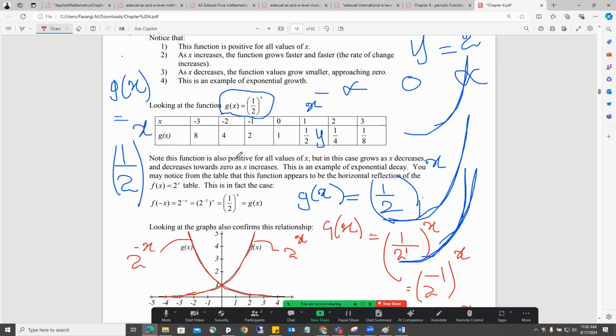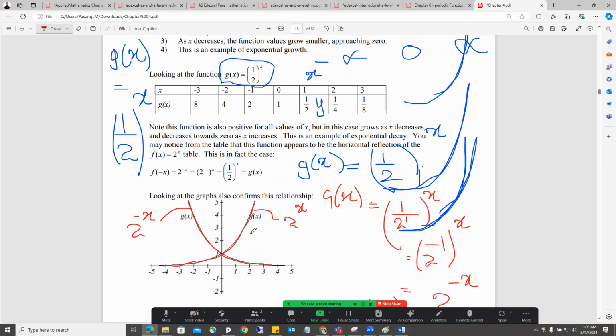Note, this function is also positive for all values of x, but it grows as x decreases and decreases towards 0 as x increases. So for this function, when the x value grows, the y value also grows, and when the x value decreases, the y value gets much closer to 0.